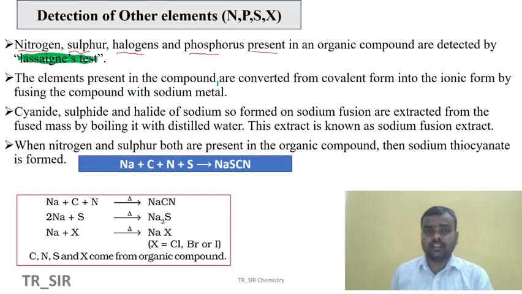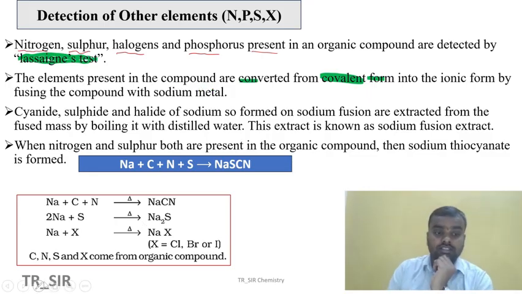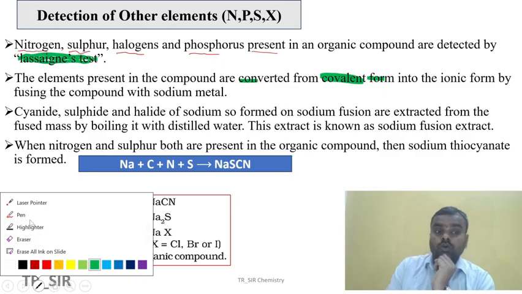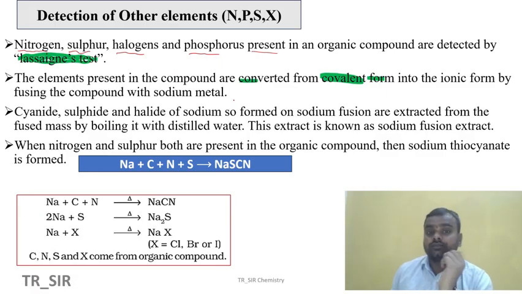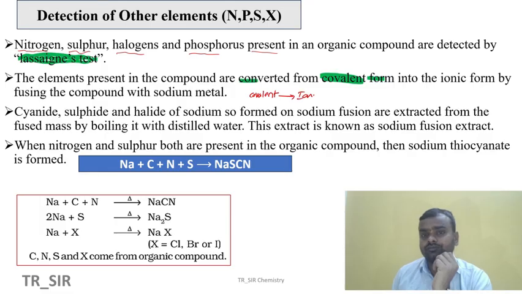These elements present in the compound are converted from covalent to ionic form. Why do we need to convert? What is the reason that we need to convert covalent into ionic? So we are converting the covalent compound into ionic form.